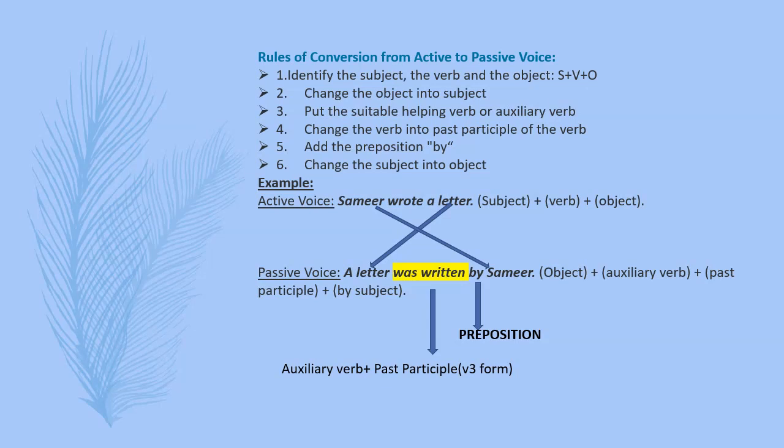Next, you need to take care of the object and subject, that is, change the object into subject and subject into object. What you are going to do next is use the helping verb or the auxiliary verb, as per the person or the singular or plural form of the subject used. Change the verb into past participle of the verb. Past participle form will be used in all cases of passive voice. Next, you are going to add preposition by and then change the subject into object. Fine.